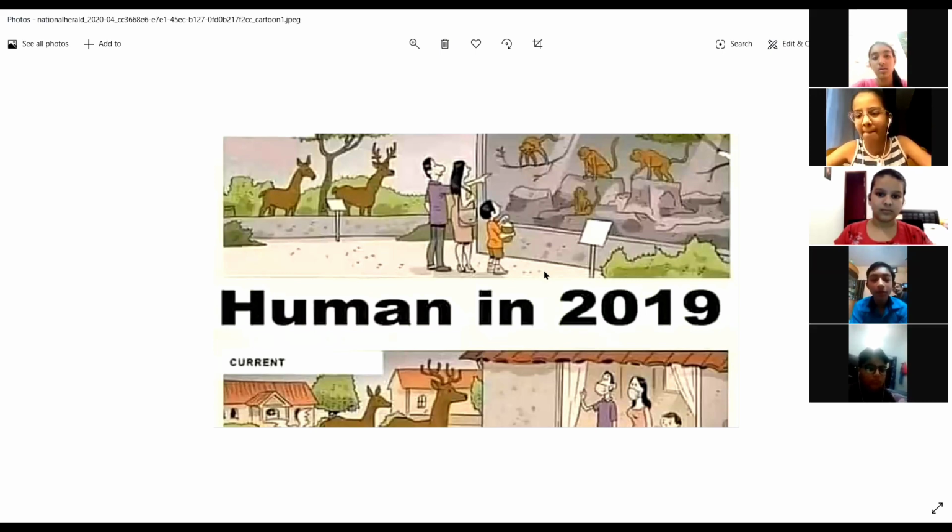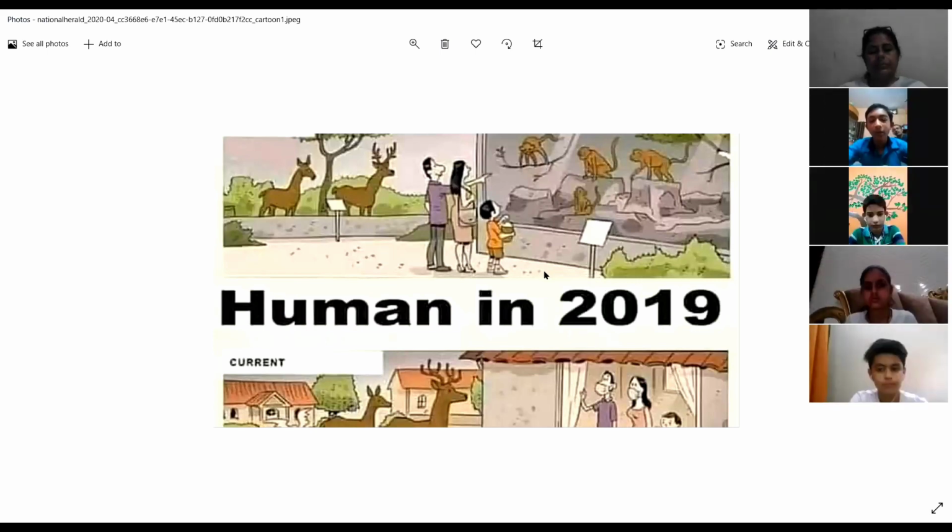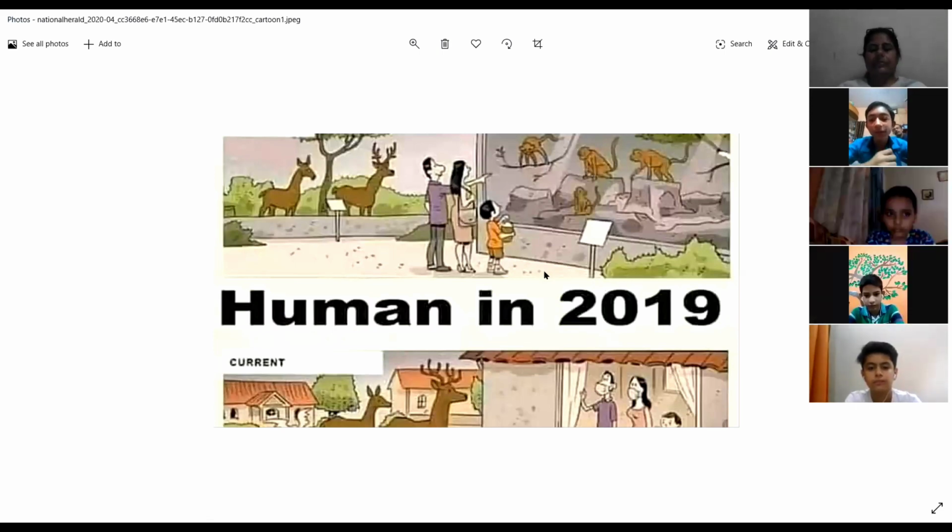Today, I am here to describe this picture. In this picture, we can see that human beings in 2019, just before the pandemic of coronavirus, went to the zoo and saw different types of animals and enjoyed. The animals were in cages in those days. But today, in 2020, when the coronavirus has stopped our every activity, we are in our homes.